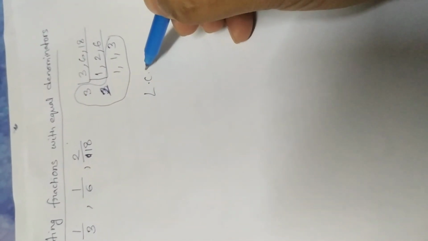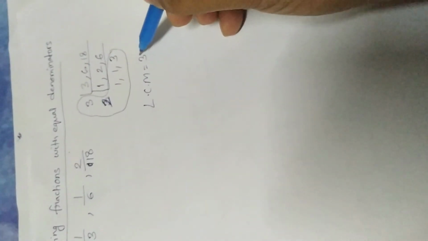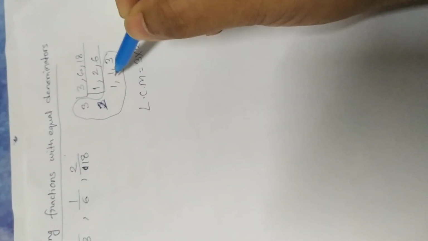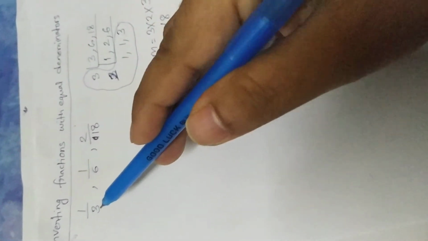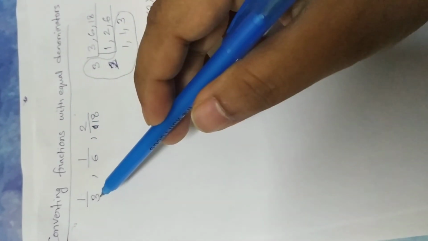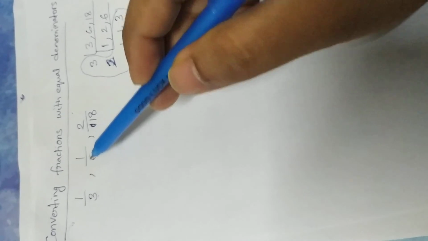So the LCM is 3 into 2 into 3, we don't consider the ones. 3 2s are 6, 6 3s are 18. So the LCM of 3, 6 and 18 is 18.